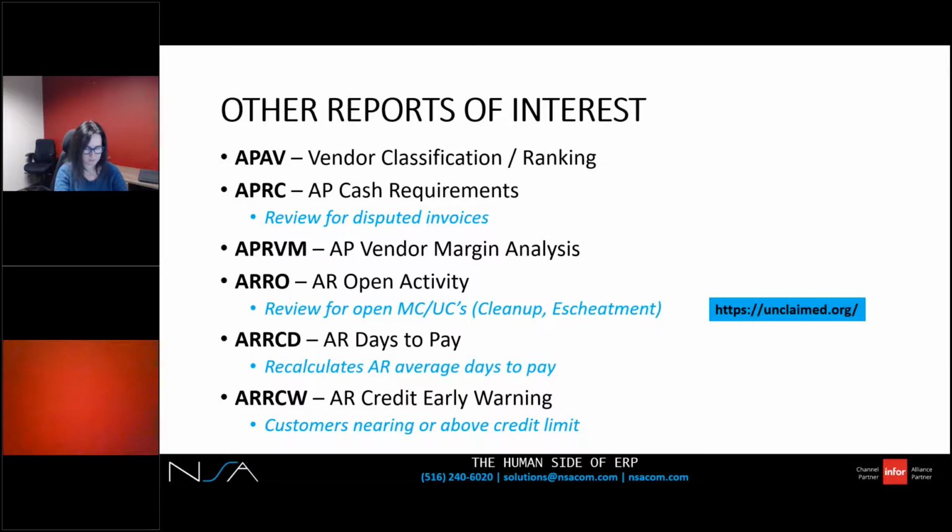Aside from cleanup, you want to be aware of escheatment regulations. So in some states, actually quite a few, if you have credits that are sitting out there on your accounts receivable that are aging 3, 4, 5 years, those are not money in the bank. Those need to be turned over to the state, depending on, again, the state that you're in. And I don't believe that the provinces have this, but there has been talk about it with the provinces.